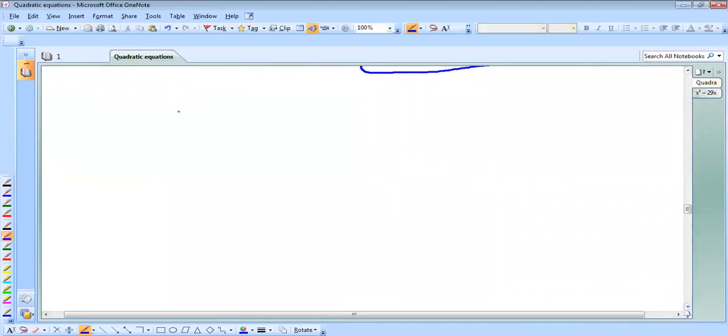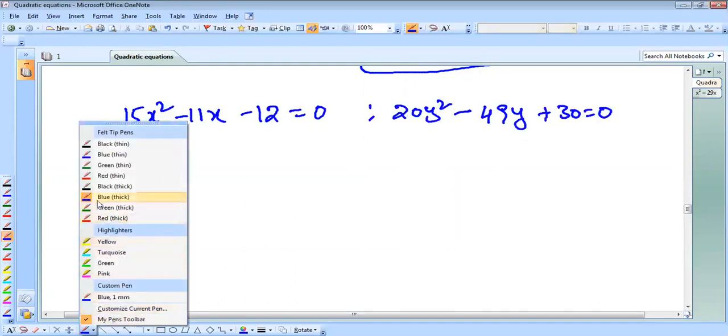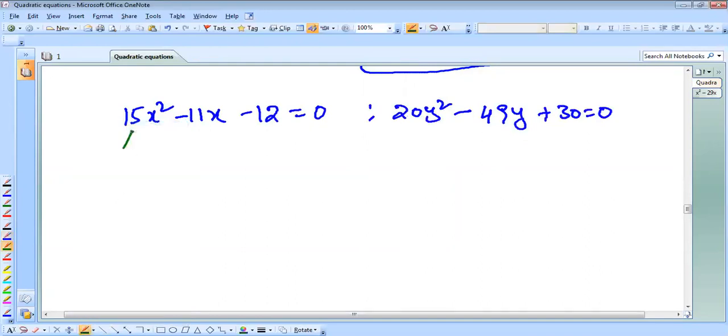For example, if you are having 15x square minus 11x minus 12 is equal to 0, 20y square minus 49y plus 30 is equal to 0. So see here friends, now take it as two factors product.